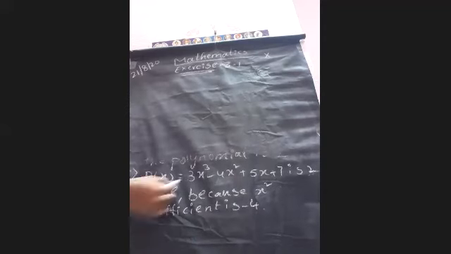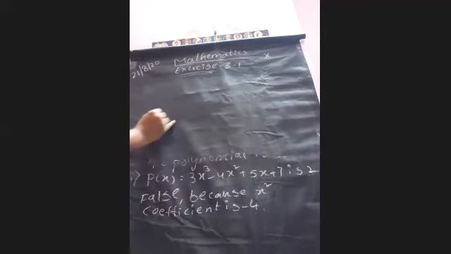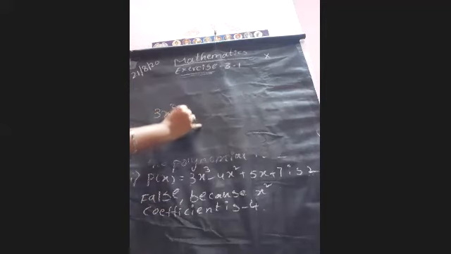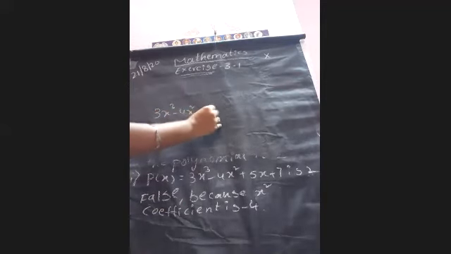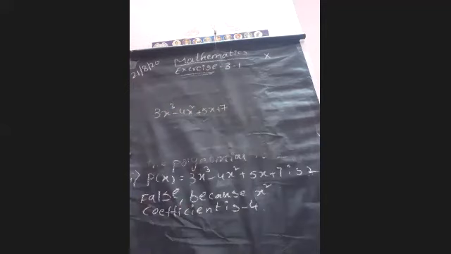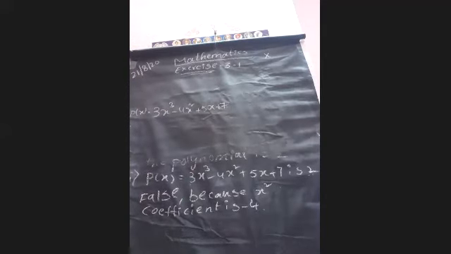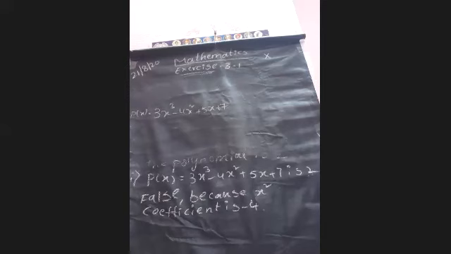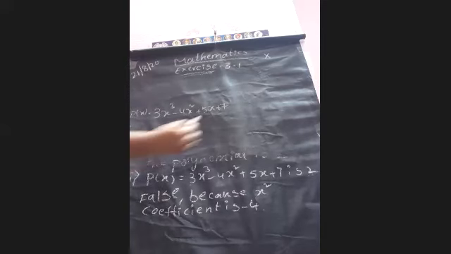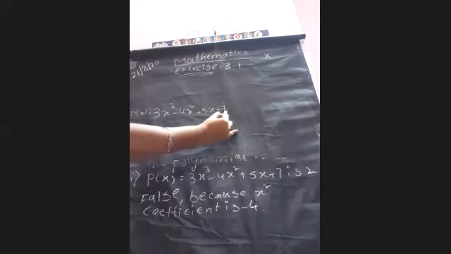Now suppose you take this example, 3x cube minus 4x square plus 5x plus 7. This is a polynomial. What they ask in the question is that the degree of a constant term is 0. What is the constant term here? 7 is there.